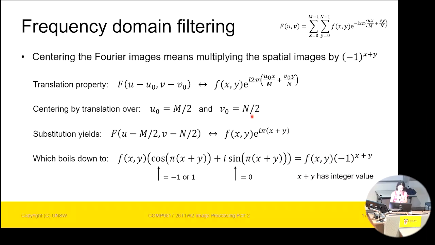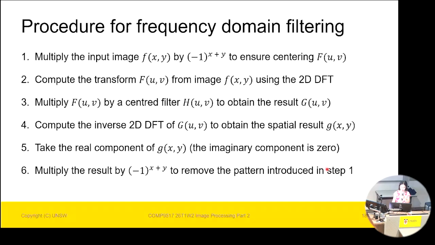It's a very non-intuitive trick, but it works because of the exponential term, and if you follow all these steps, you get something like this. That gives us all the necessary background we need for doing frequency domain filtering.